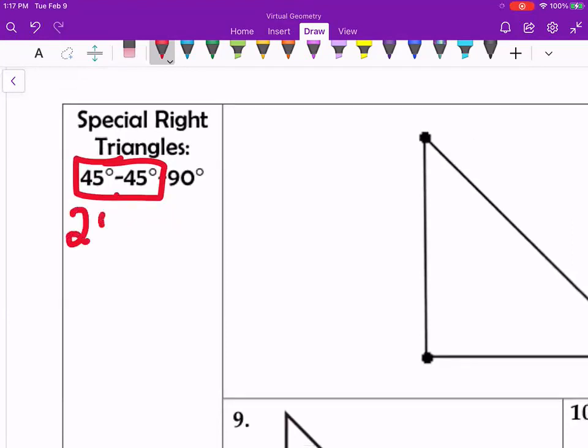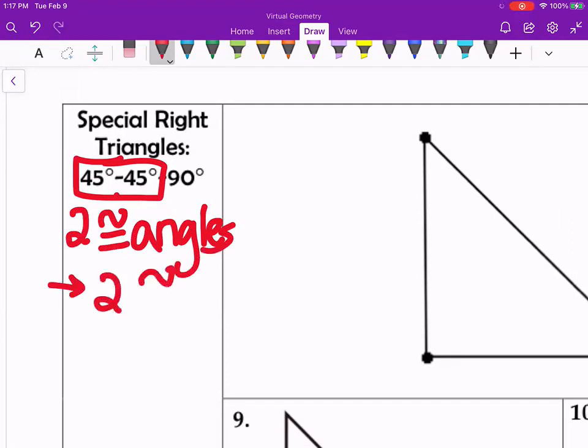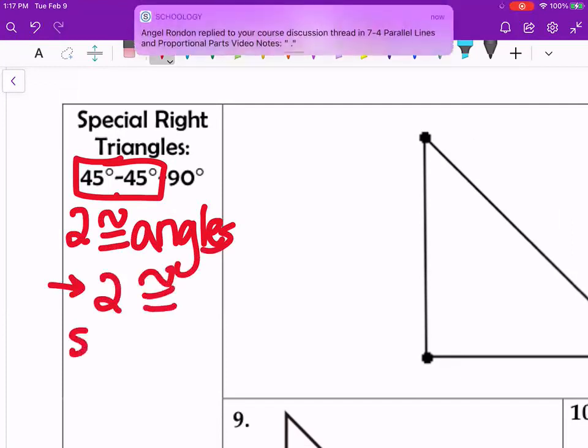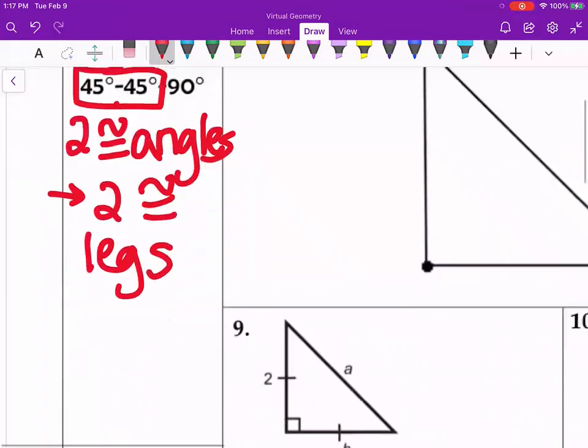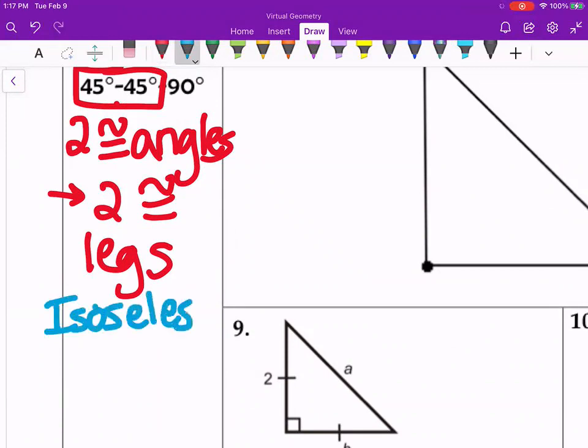So if we have two congruent angles, we get two congruent sides. And in this case, our sides are the legs. So we get two congruent legs, making this triangle isosceles.